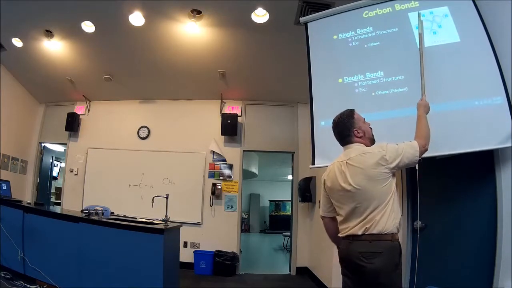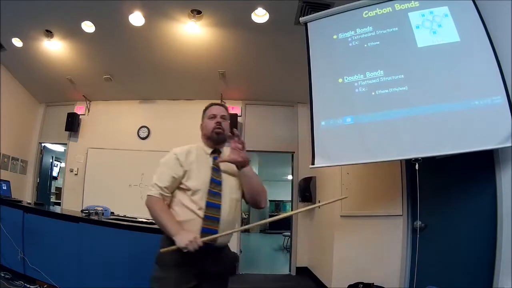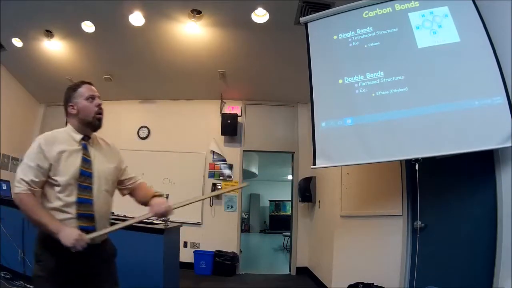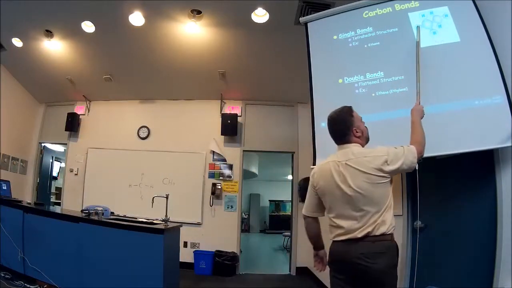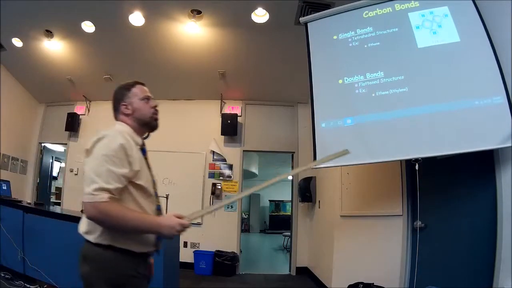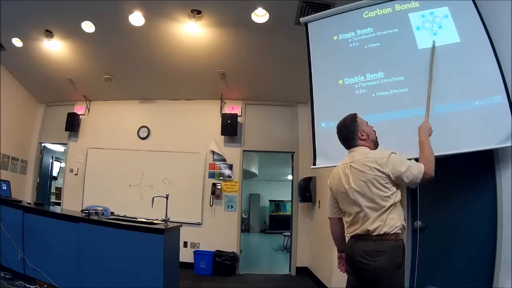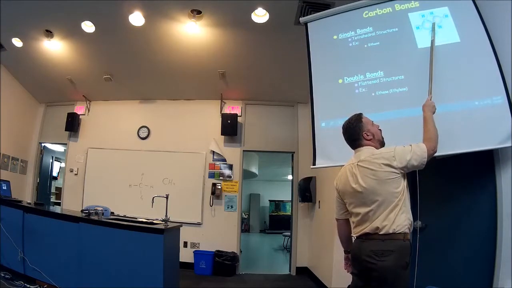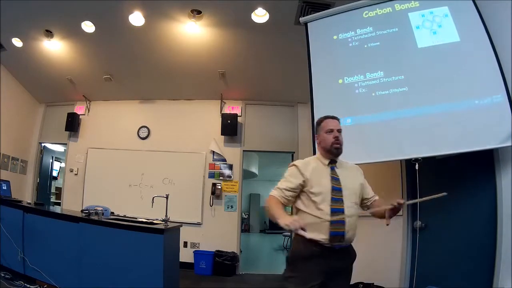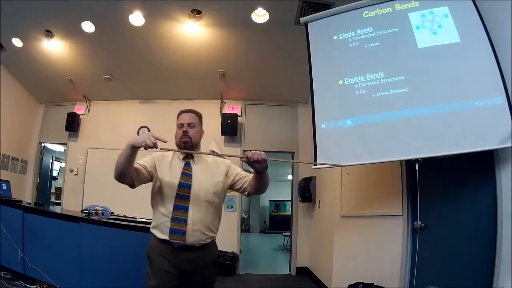So the way these are sticking out is more of a 3-dimensional thing, because there's 3 hydrogens over here. But I want you to also understand that this carbon can swirl and rotate along this one axis, right? If I have something over here, it'll spin.